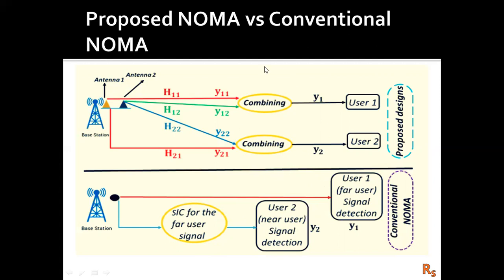Whereas we don't require successive interference cancellation because there is automatic interference cancellation when we transmit data in two rounds. That gives an edge over the conventional NOMA.